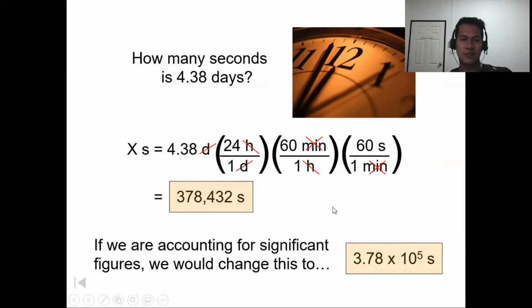Maybe your teacher will ask you about the significant figures. So you can write either this way or this way. You can write 3.78 times 10 to the fifth power. And then don't forget the unit, because this is the one that we are looking for. Always write the correct unit.